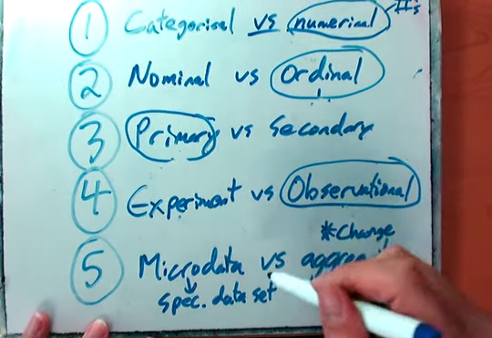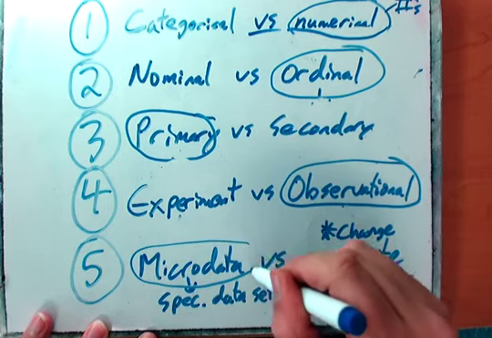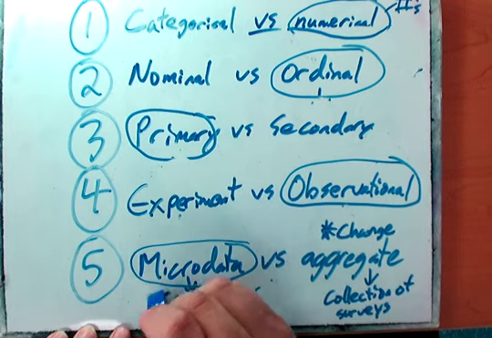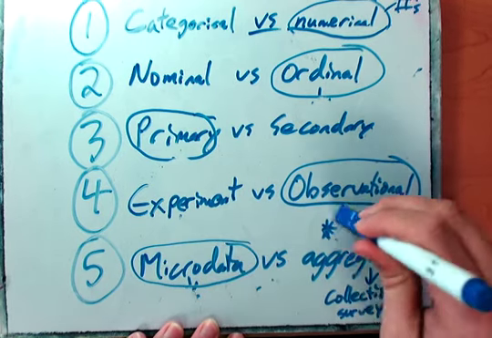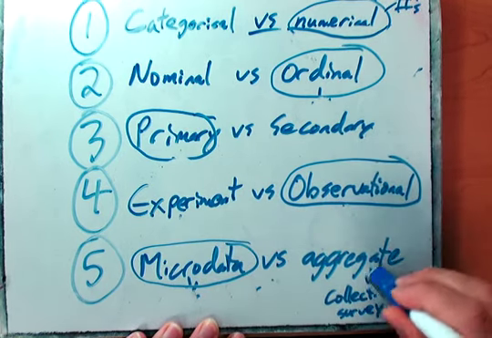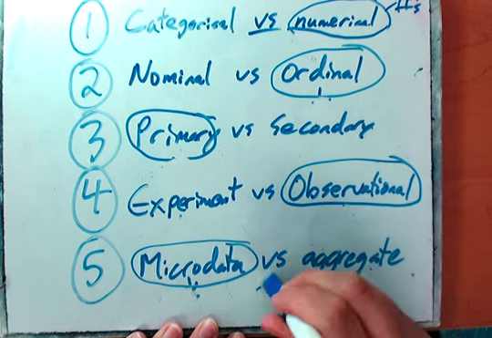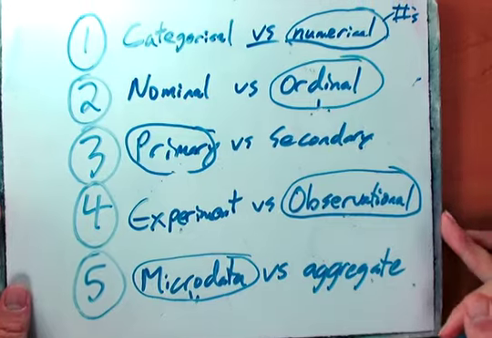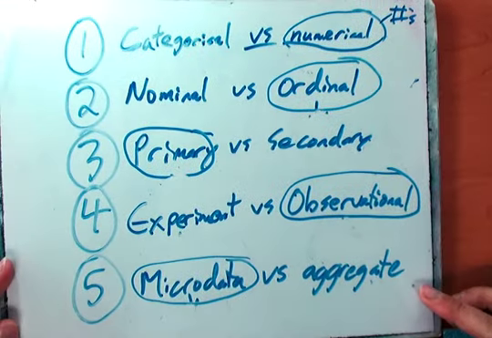So in that, this is microdata, specifically with John measuring birds. It is a specific situation where he is measuring and observing and collecting microdata, not aggregate data. So those are the first 5 questions.